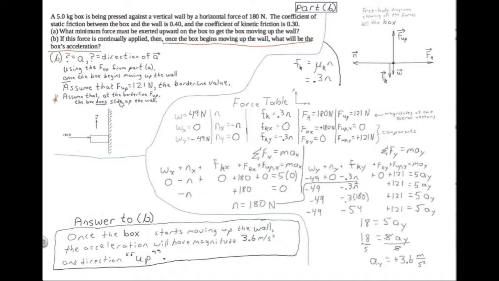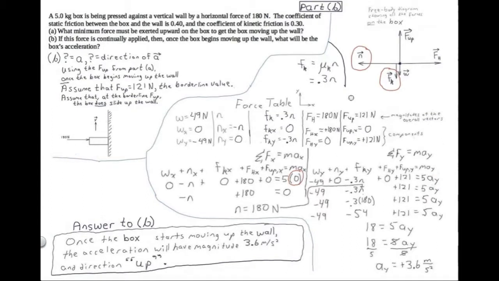So for part B, we make the assumption that the box does slide up the wall at the borderline value for the upward force. That meant that we had to change from maximum static friction to kinetic friction. And assuming that the box is now sliding up the wall meant that we can still substitute 0 for a sub x, but we no longer substitute 0 for a sub y.